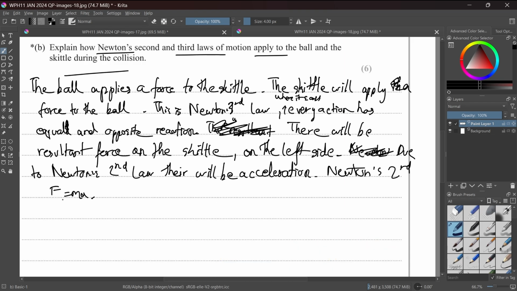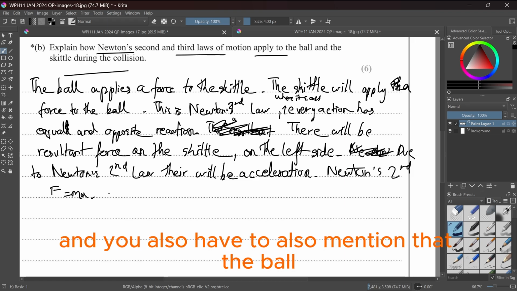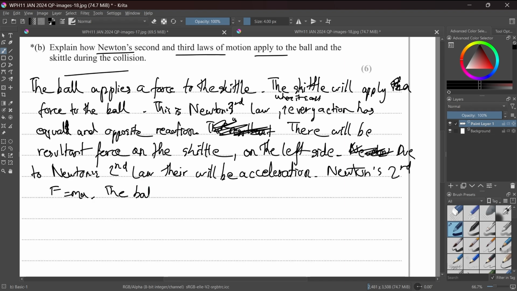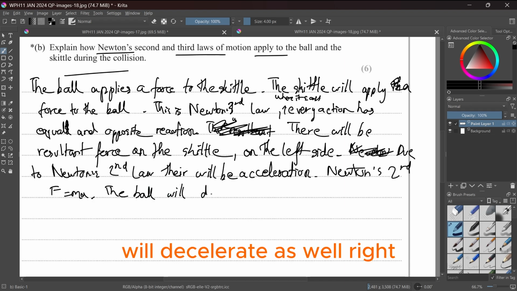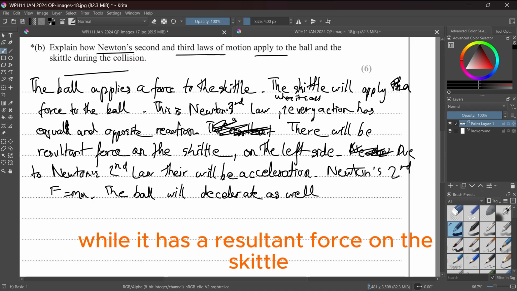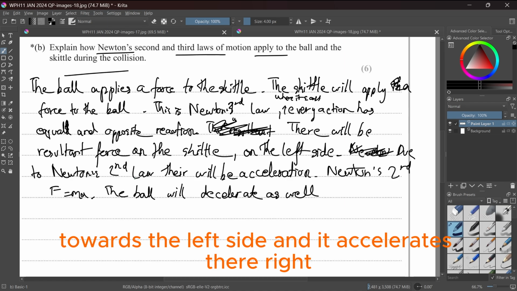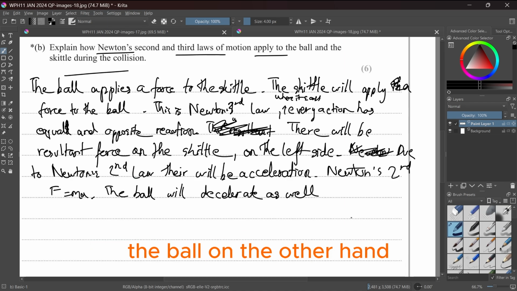And then you also have to mention that the ball will decelerate as well, right? While it has a resultant force on the skittle towards the left side and the skittle accelerates, the ball, on the other hand, will decelerate.